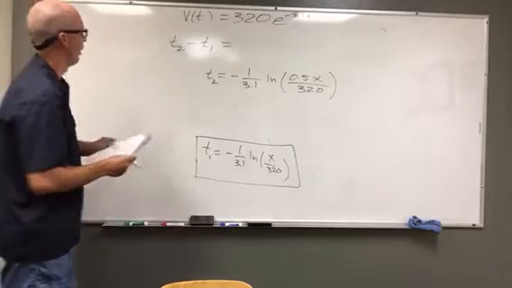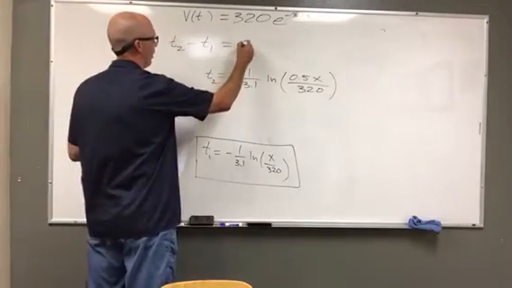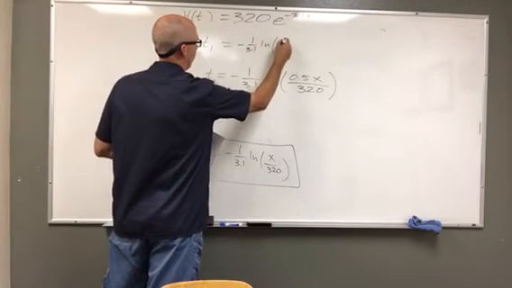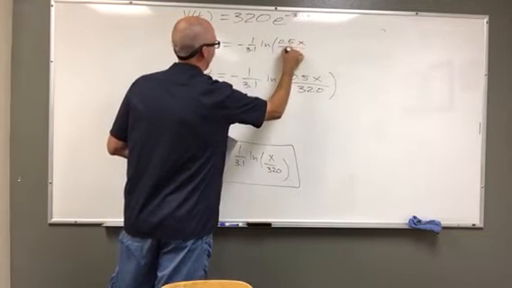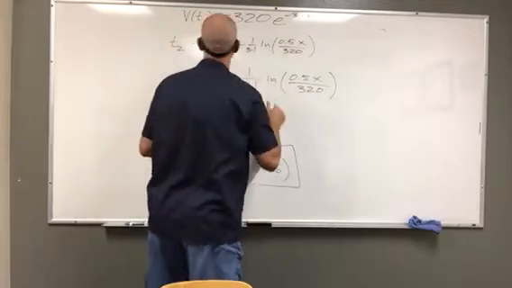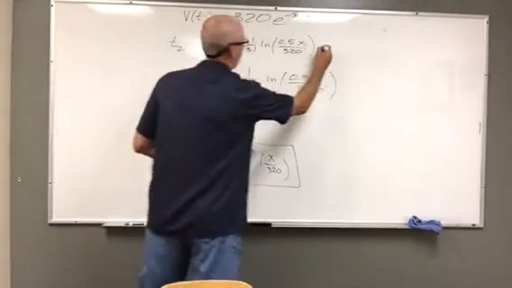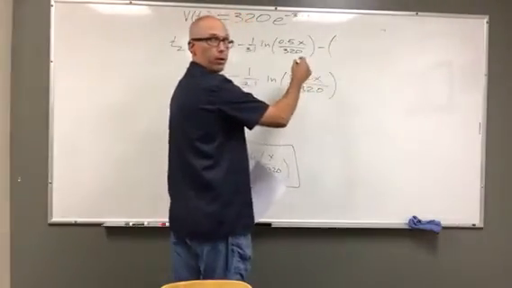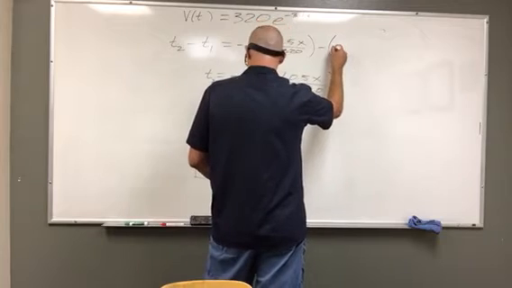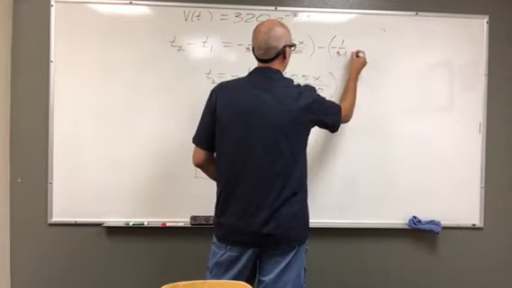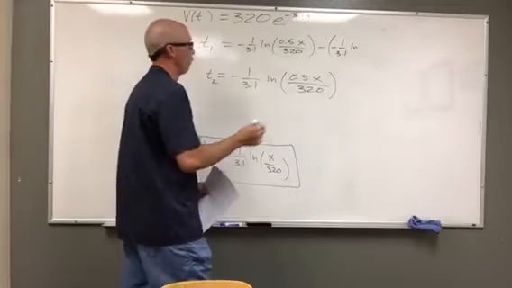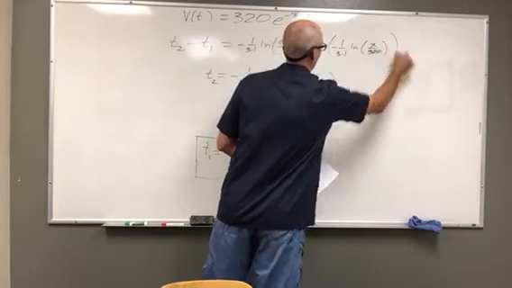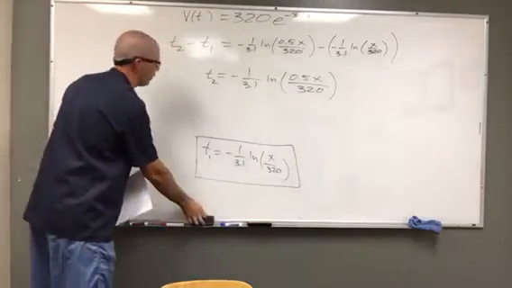Okay, so what do we got here? T2, as we found right here, we got negative 1 over 3.1 ln 0.5x over 320, minus T1, which is this guy here. It's minus negative 1 over 3.1 ln x over 320.